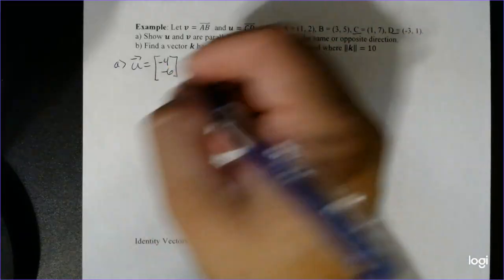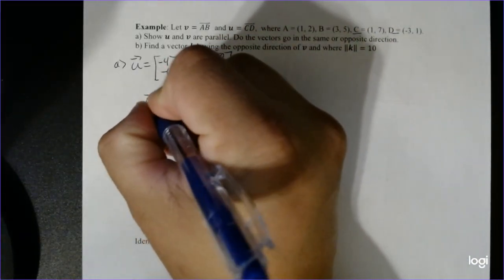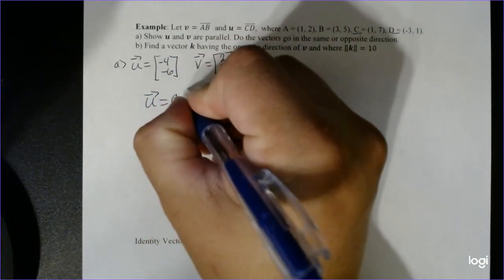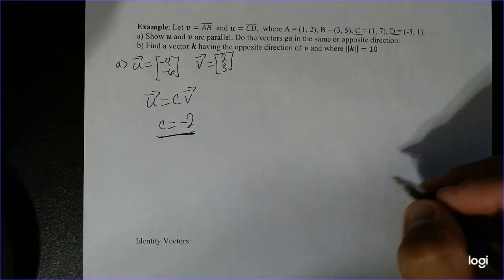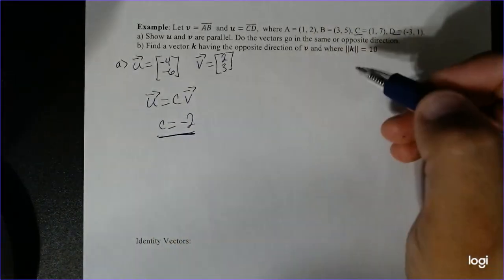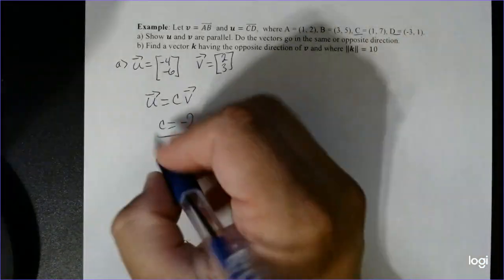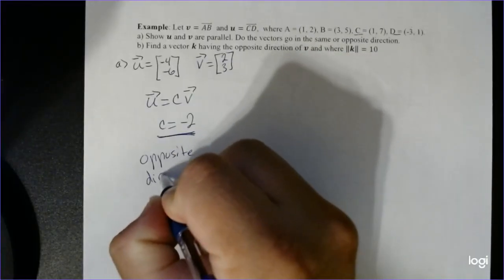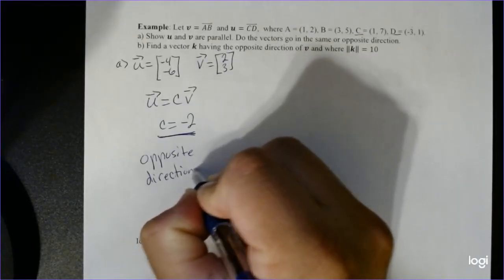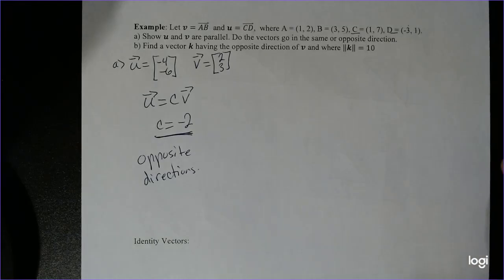So according to our definition, vector u is equal to some c times vector v, where that constant c is negative 2. And since the c value is negative, they go in opposite directions. There we go.